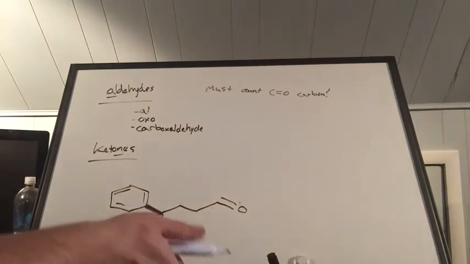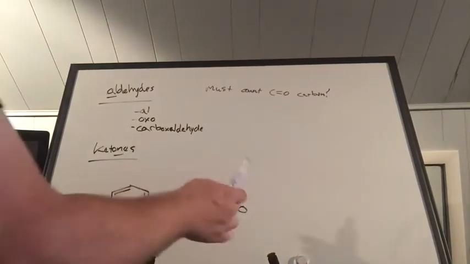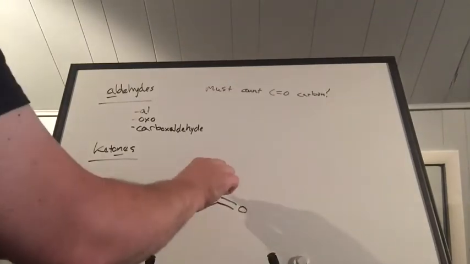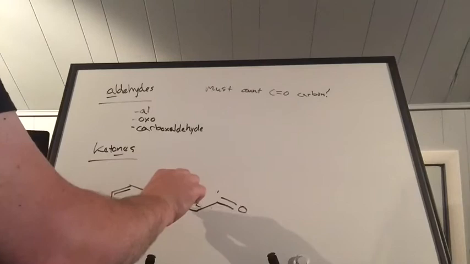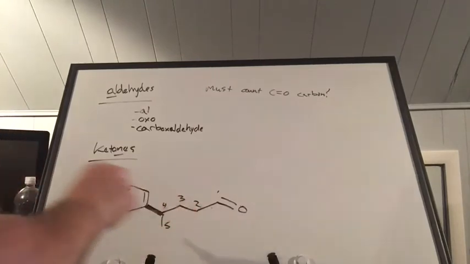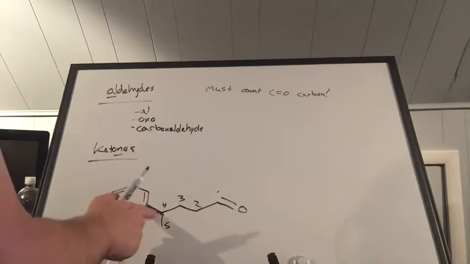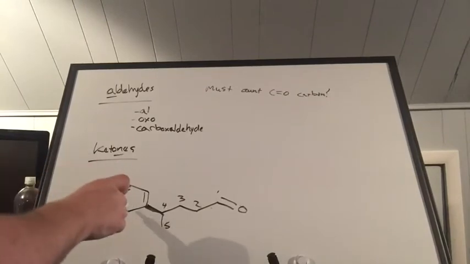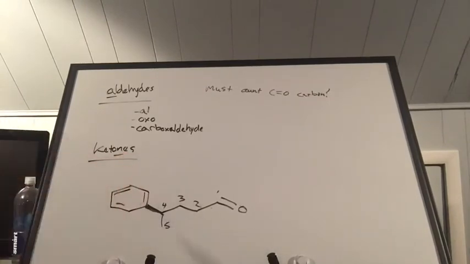The longest contiguous carbon chain here is going to be 1, 2, 3, 4, 5. Then this phenyl group is going to hang right off of this 4-position carbon. Remember that this is going to be a branched ring, so you would refer to this as phenyl.